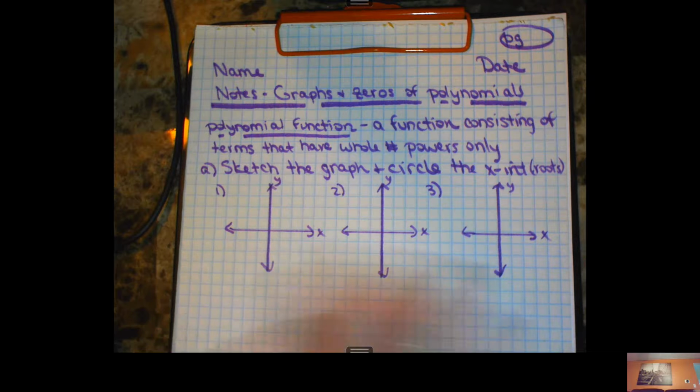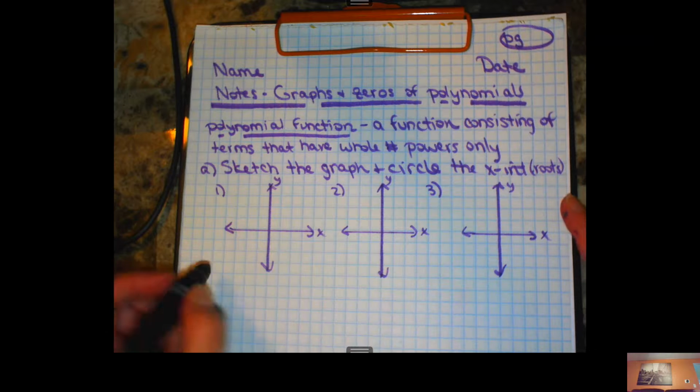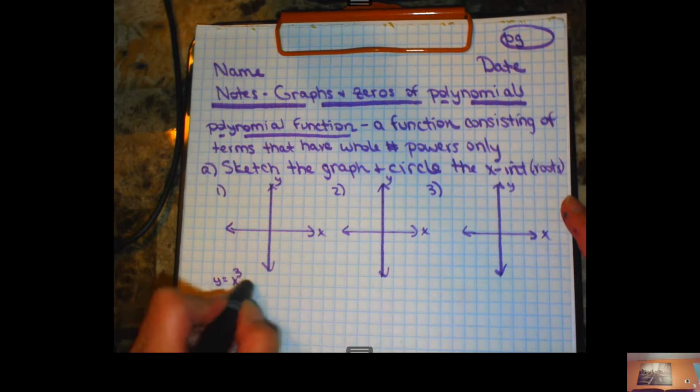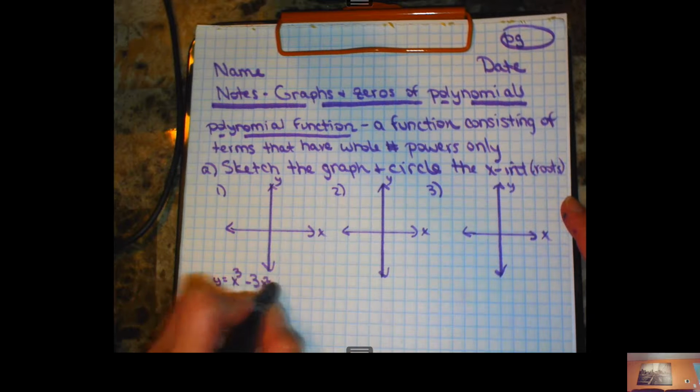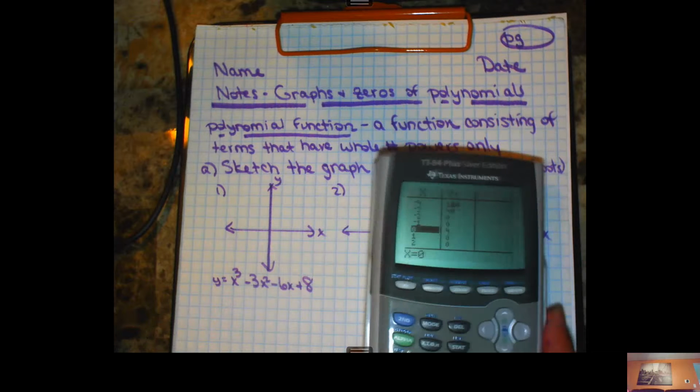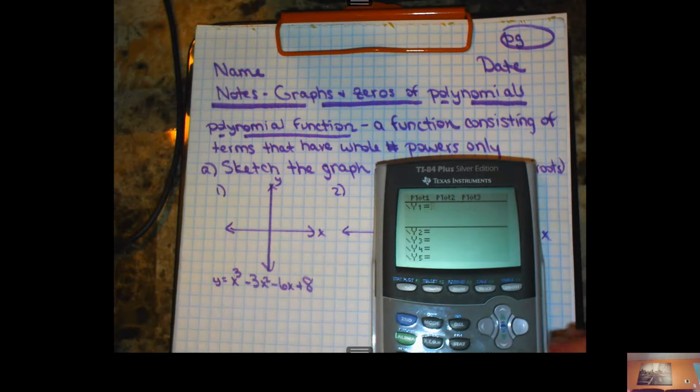All right, so we're not finding the exact values here. We just want to know approximately where they touch the x-axis. So for number 1, can you write y equals x cubed minus 3x squared minus 6x plus 8. I'm just going to type that in my calculator just so you get an idea of what it looks like. We're not going to do exact. I believe that we did this on the other notes.